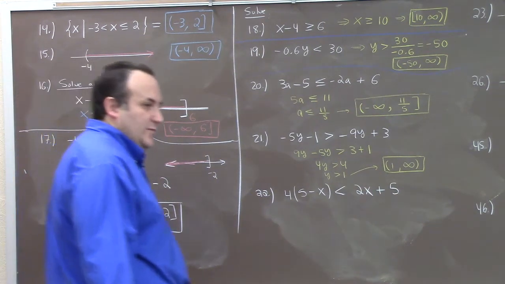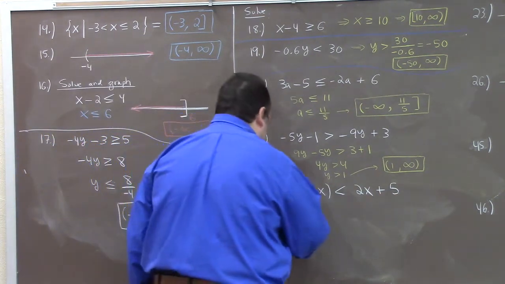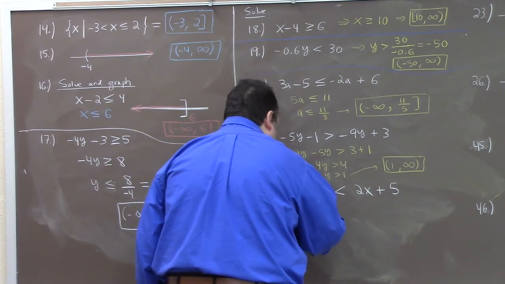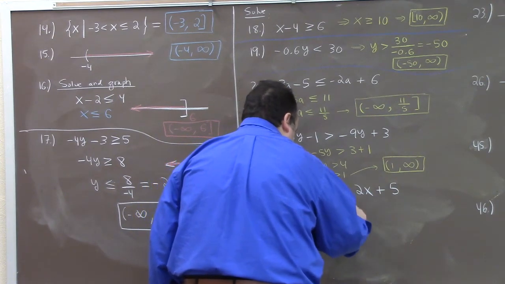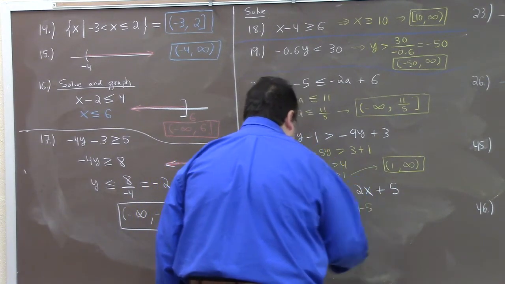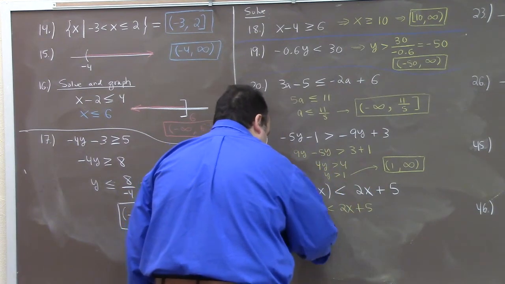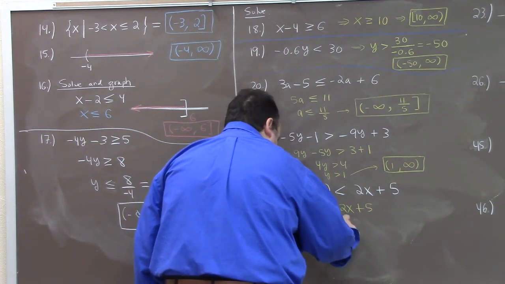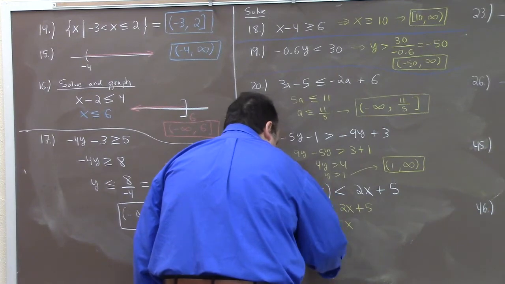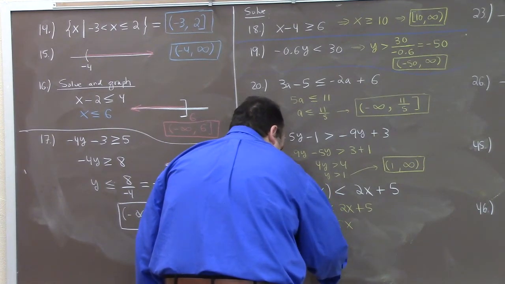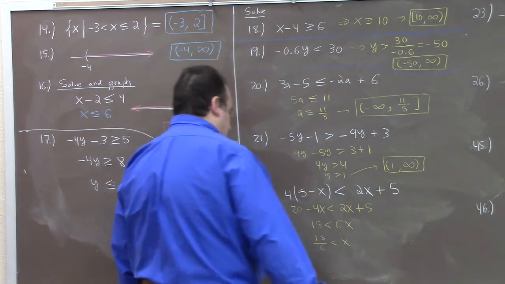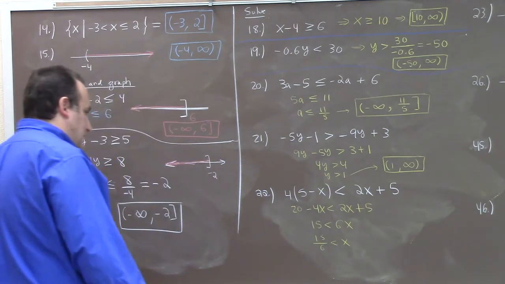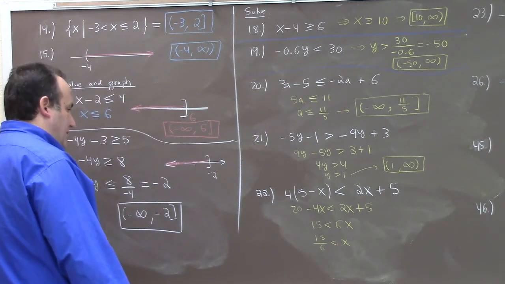Now this one, a little bit more exciting. We've got to distribute. We got ourselves a 20 minus 4x less than 2x plus 5. So we get 15 is less than 6x. So 15 over 6 is less than x. If I haven't made a mistake. I don't think I made a mistake.